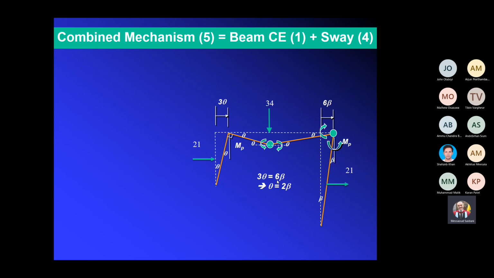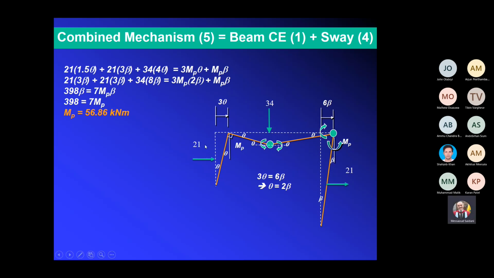So that gives you theta equals 2 beta, or beta is theta over 2, okay? Then we have a hinge at this location here, so we have MP theta, and at this hinge, we have MP theta and MP beta, right? So now we can write the equations for the external work and the internal work.